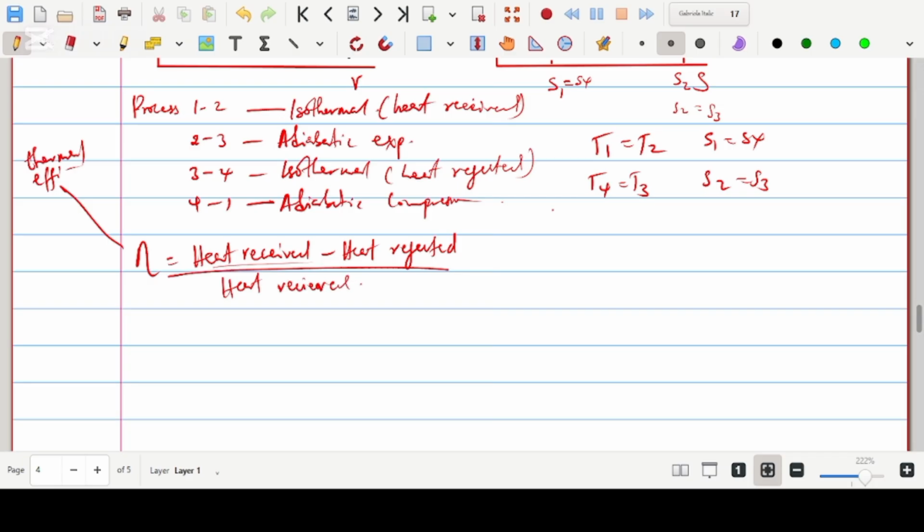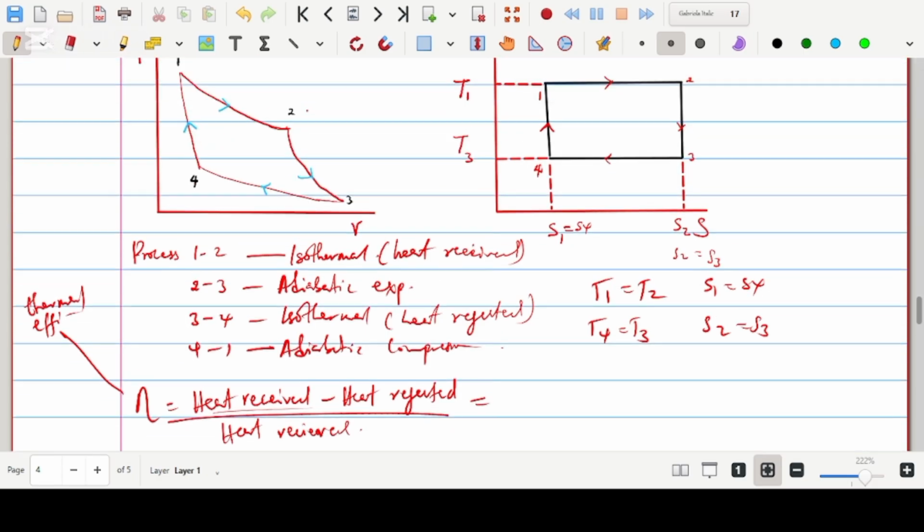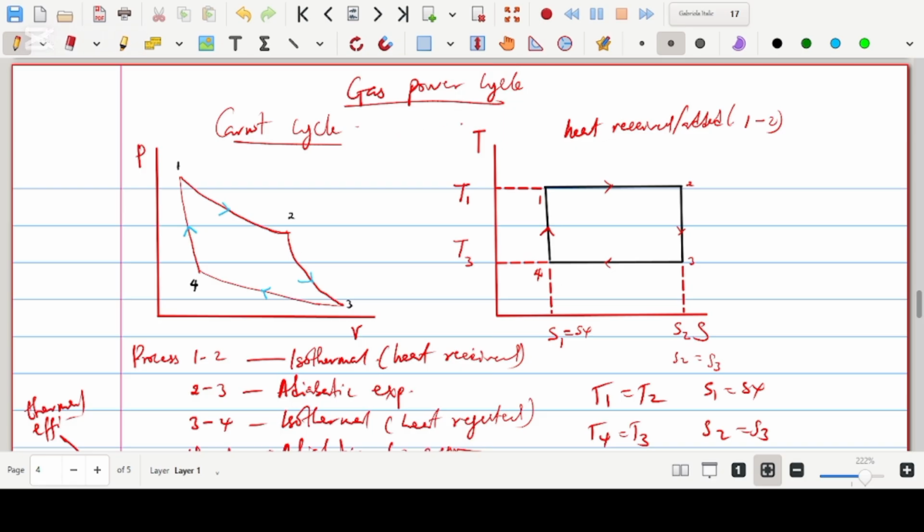So what's the formula for our heat received? Where do we have heat received? It is process 1 to 2. For process 1 to 2, heat received will be given as T1 into bracket S2 minus S1.